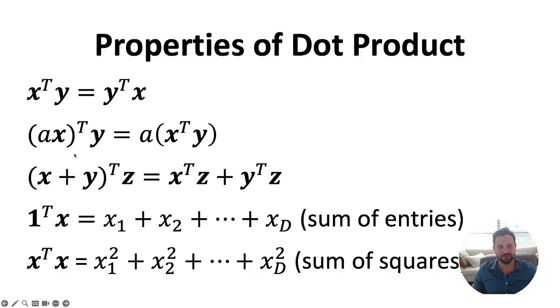The third one is easily provable: you can distribute your inner product into a term in parentheses as long as the sizes match.